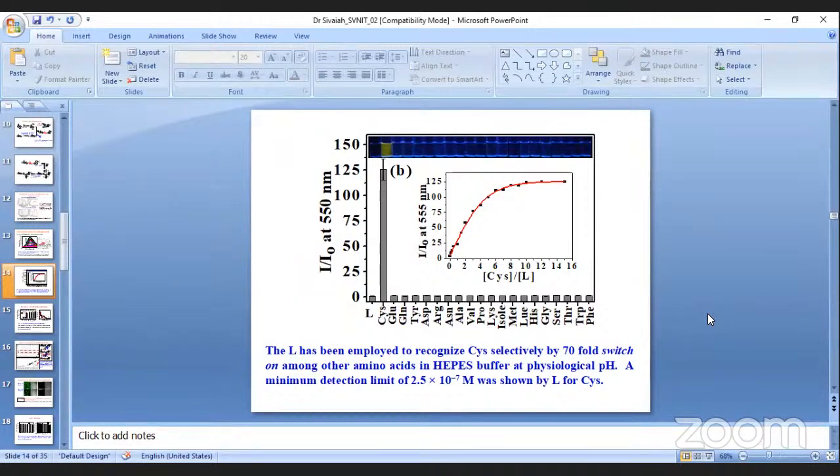If you look at the color of the solutions, we can visibly distinguish cysteine among the 20 amino acids.